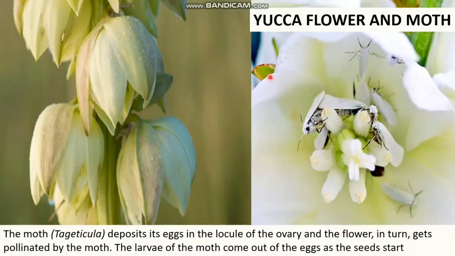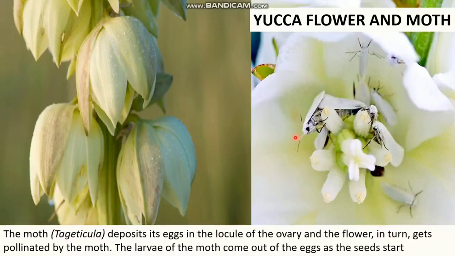So this is the yucca flower and moth. They show mutualism. The moth which pollinates the yucca flower is Tegeticula. This Tegeticula visits the yucca flowers to deposit its eggs in the locules of their ovary. And during this process, they carry out pollination of the flower.